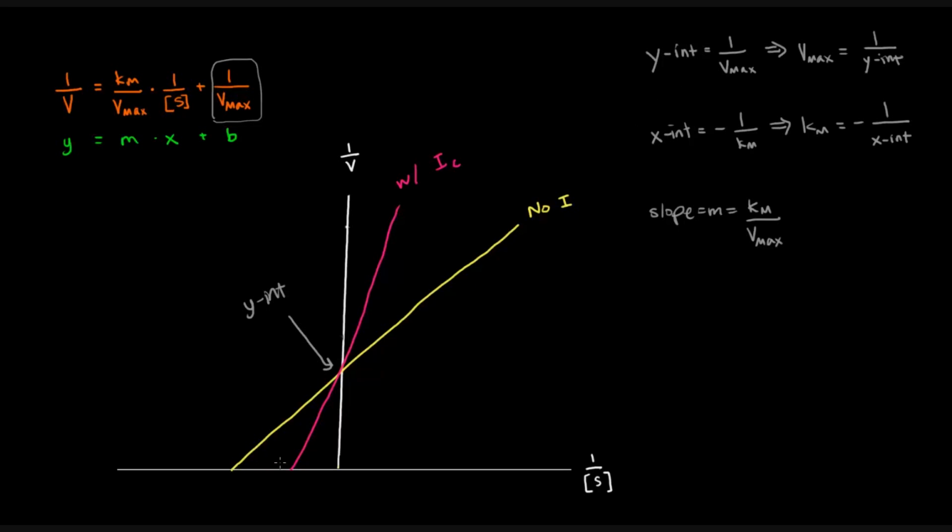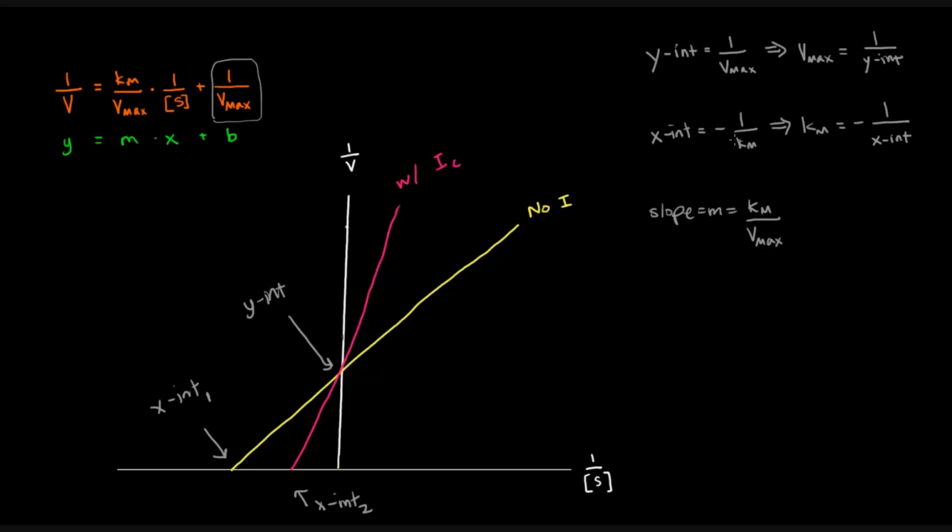Now, the x-intercept did change. The original one here, with no inhibitor, we'll call that x-intercept 1, and then over here, we've got x-intercept 2 for the pink inhibited reaction. So we can see that x-intercept 1 is further left, and x-intercept 2 is further right. Why is that? Well, the x-intercept is equal to negative 1 over the Km, and we know the Km changed.